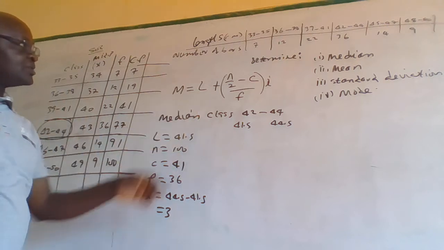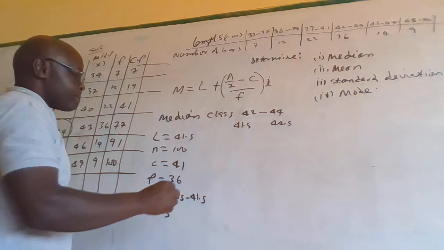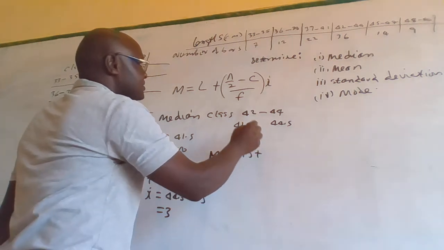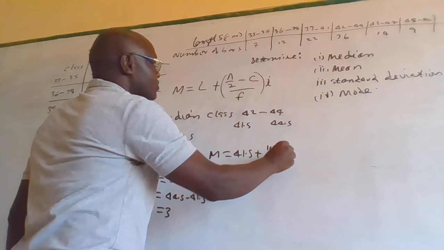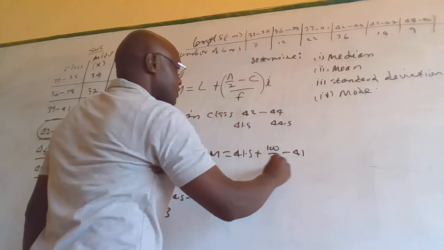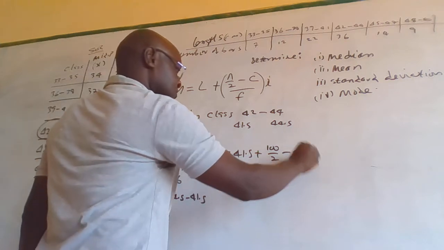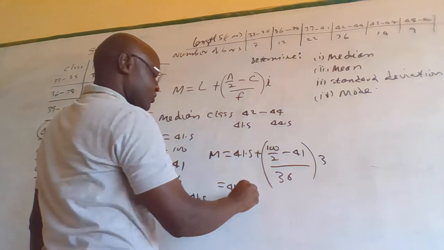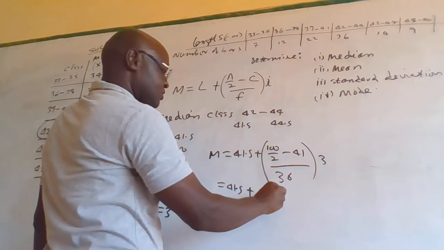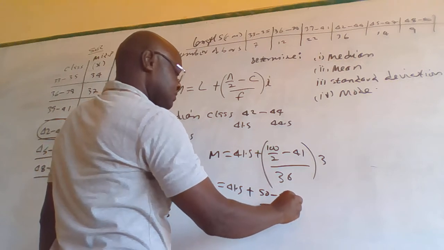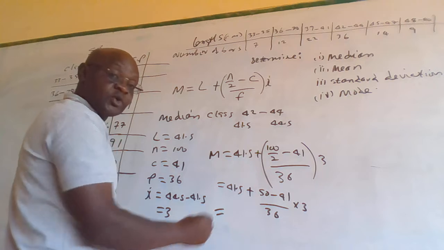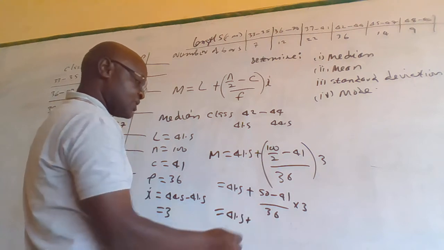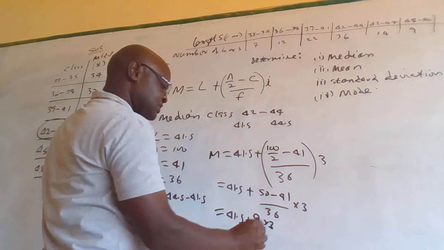Therefore, once we have this, we simply insert in the formula. So median will be equal to 41.5 plus 100 over 2 minus 41 over F, that's 36, times 3, which equals 41.5 plus 50 minus 41, which is 9, over 36 times 3.